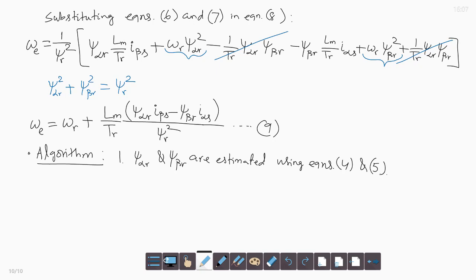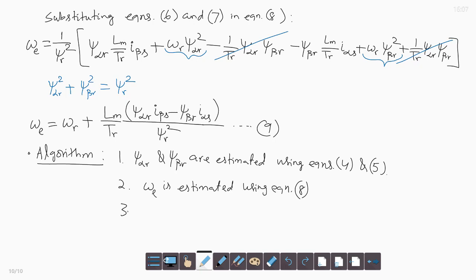We have derived it. Second process, omega E is estimated using equation 8. So, in equation 8 we have omega E estimation in terms of psi alpha and psi beta r. Now, in the first step we have estimated psi alpha and psi beta r using equations 4 and 5. Then using those psi alpha and psi beta r and equation 8 we estimate omega E.